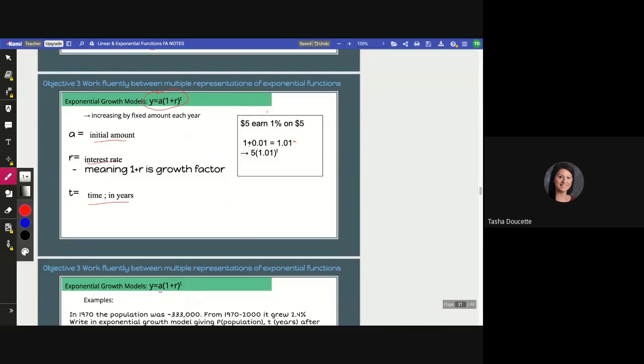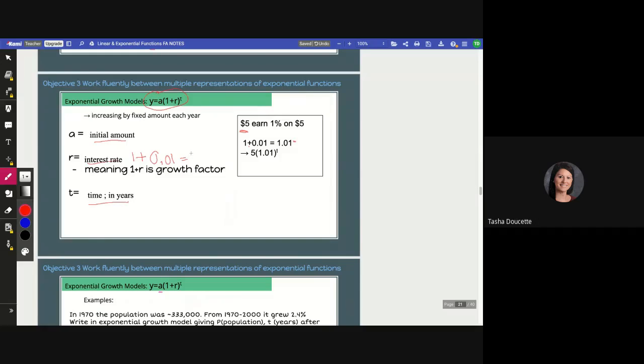So we have this word problem where you have $5 that you're starting with. That's your initial amount. You earn, which is a growth, 1% on your $5. So to figure out your rate, you do 1 plus, turning this percent into a decimal, 0.01.